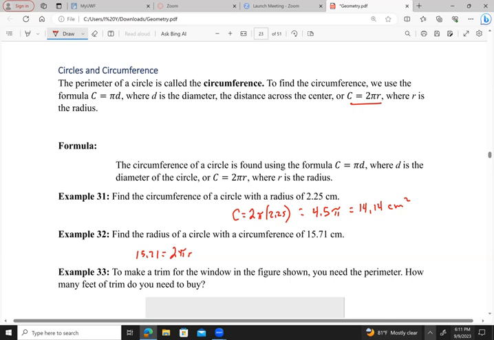So I take 15.71, divide it by 2, and divide that by pi. So I get r equals 15.71 divided by 2 pi, which gives me 2.50 centimeters to 2 decimal places.